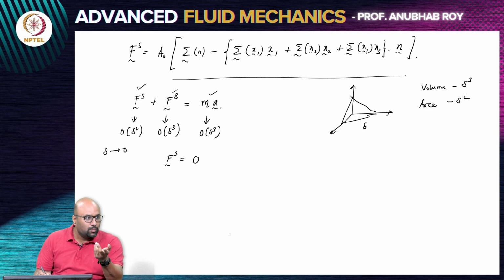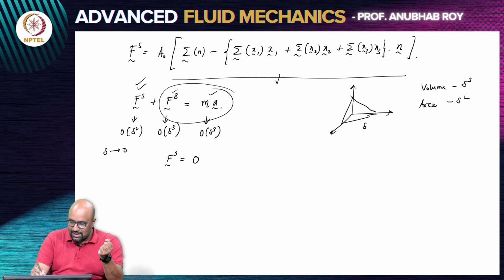They are delta cube, which means as delta goes to 0, these objects vanish faster than the surface forces. So what will be left behind is that the sum of all surface forces should be equal to 0. That tells us that the term inside the square bracket that you have here is 0.